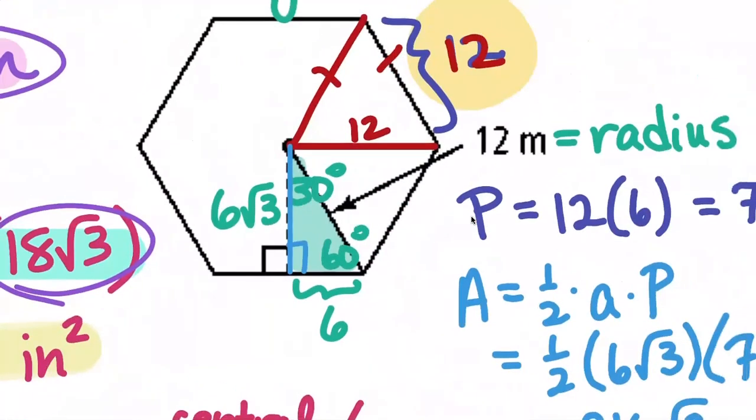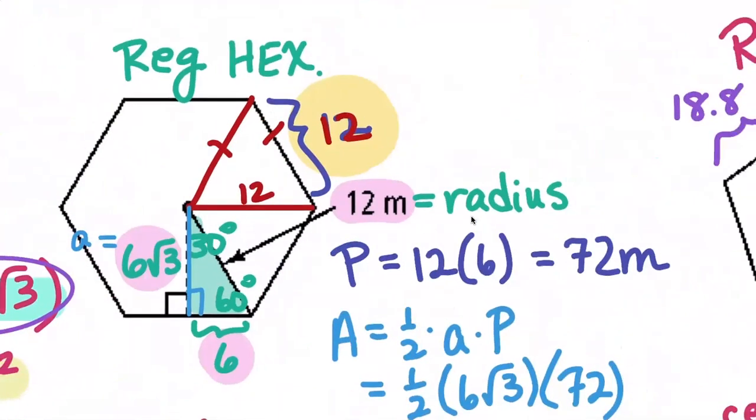So we were given the radius is 12. That means the short leg is going to be half of that, which is 6, then multiply by root 3, and that's the apothem. Okay, so perimeter, the side length is 12, and that's because 6 times 2 gives us 12. And then the perimeter will be 72.